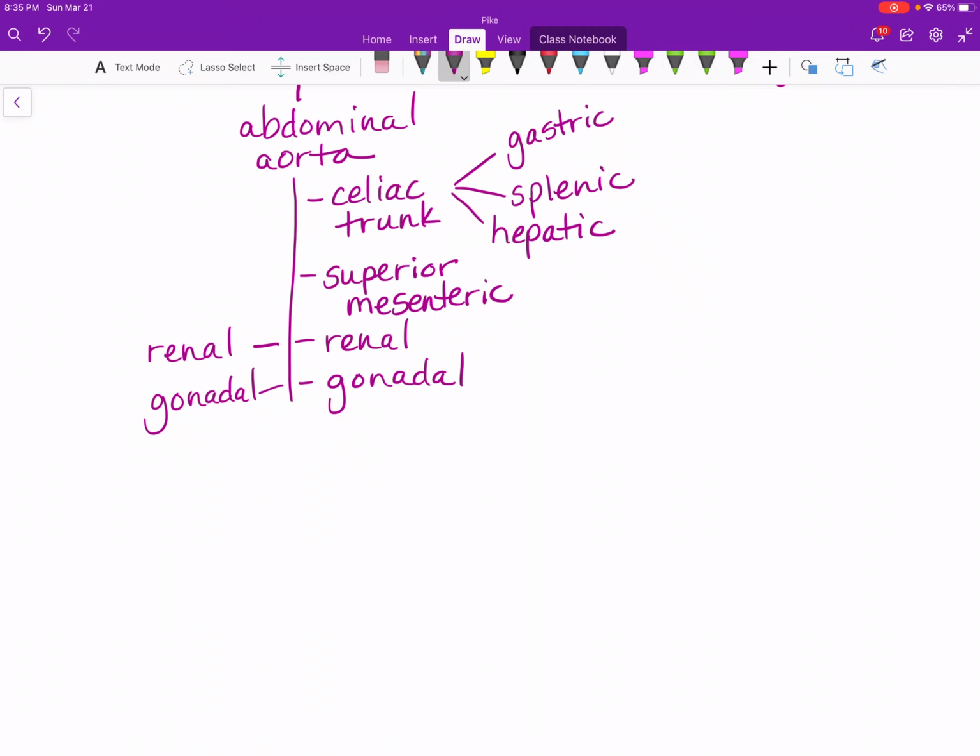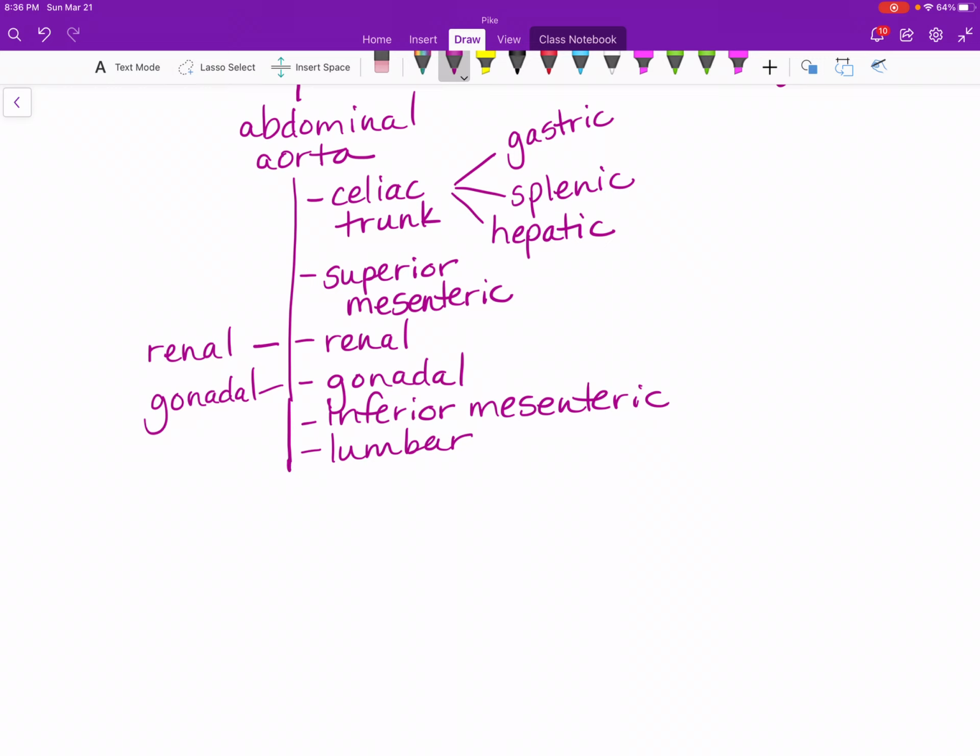It's either going to be short, going to a pair of ovaries, or a longer artery going down to your testes. And then, let's bring this a little farther. Then we have the inferior mesenteric supplying the lower half of your intestines, small and large intestines. And then last is the lumbar, supplying the lower back.